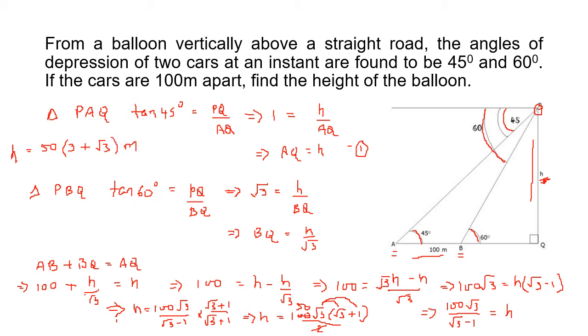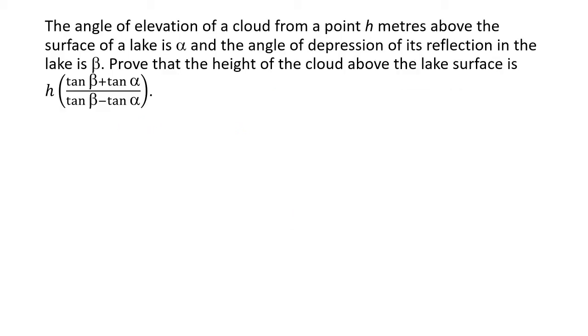So the height of the balloon is 50 into bracket 3 plus root 3 meter. This sum may look very complicated to you, but it is a very simple sum. If you follow the steps carefully, you will eventually reach the answer. So we'll move on to the next sum now.